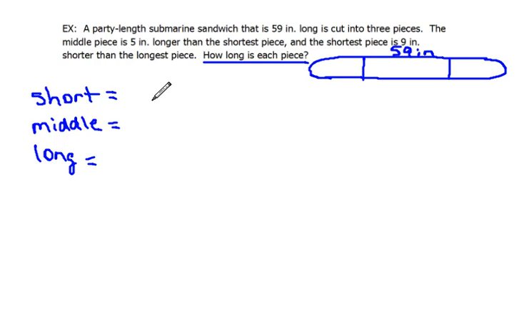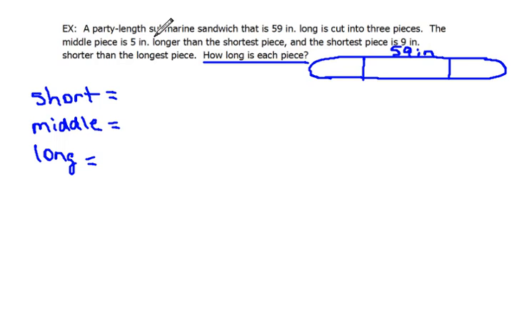Now, in actually assigning our variables, let's go back to the problem and reread it, and this time we're going to look for which one we would like to know first. There are 3 pieces here. If we knew what one of them was, then we could figure out what the others were from that. This is a party length submarine sandwich 59 inches long cut into 3 pieces.